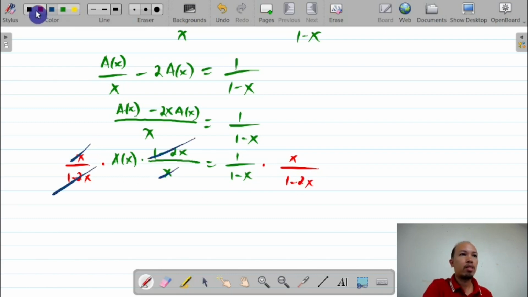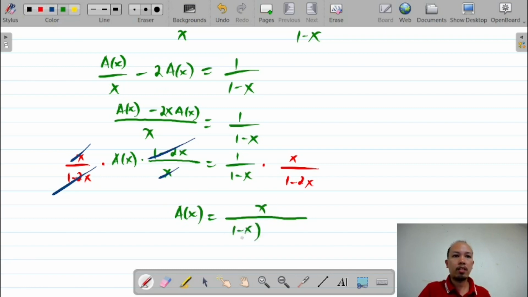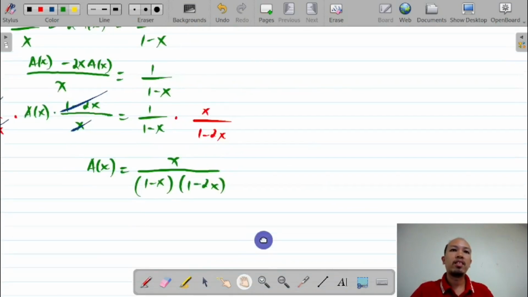So what remains on the other side is a of x, and this is equal to x over 1 minus x times 1 minus 2x. Okay, so we are almost done.